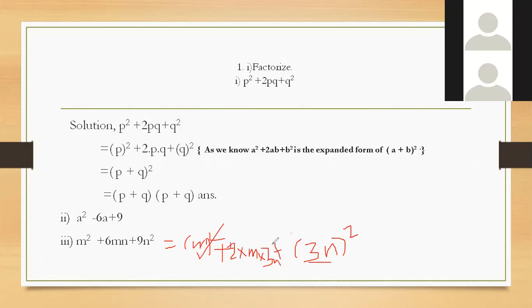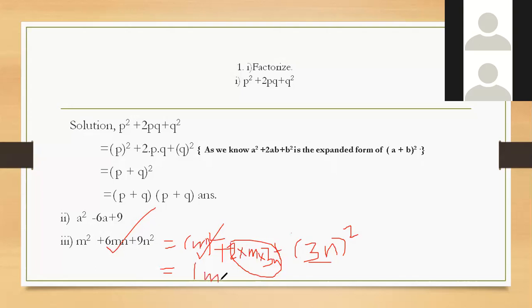If you multiply this, does this give this value or not? Check. 2 times 3 is 6, m into n, mn. Does it come, children? Yes, it gives 6mn.